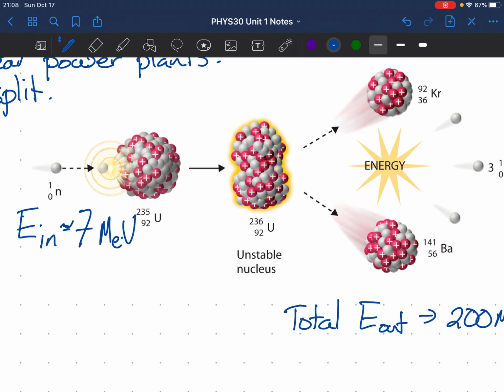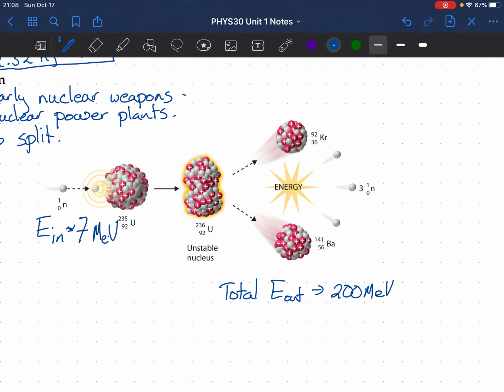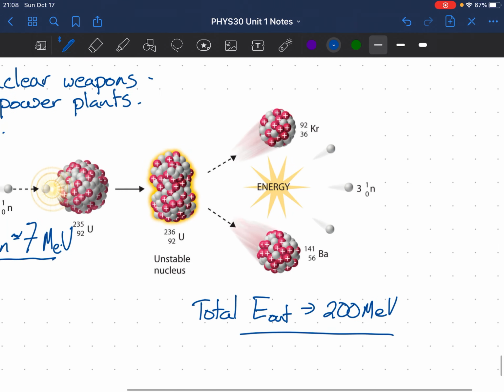It's a small e. As you can see here, you put a little bit of energy in, you get a lot of energy out. So you need to put in about 7 mega electron volts, and you get energy out of about 200 mega electron volts.